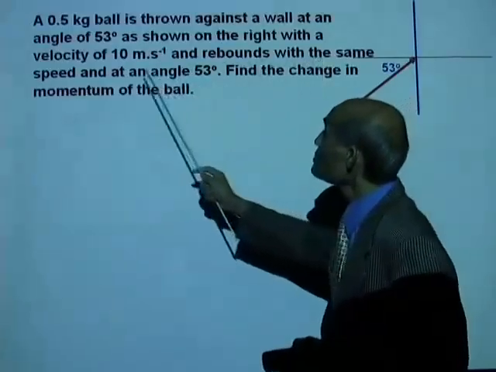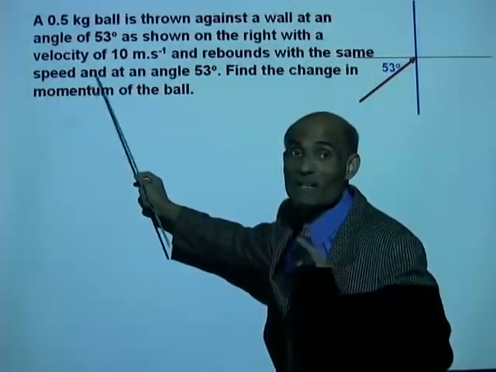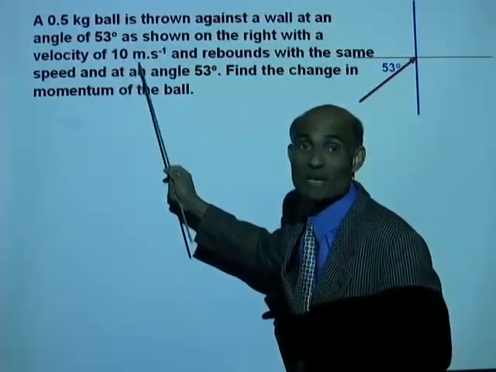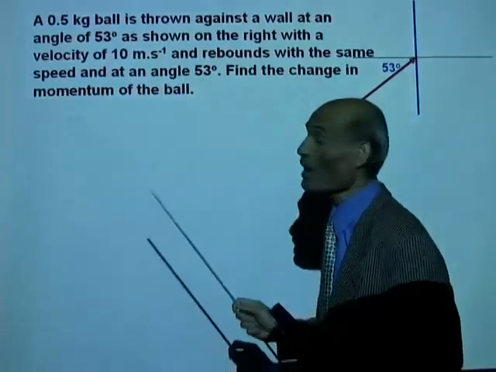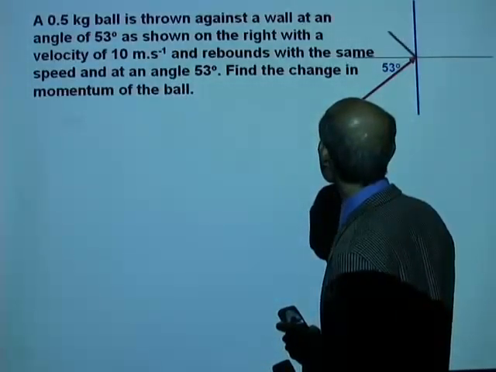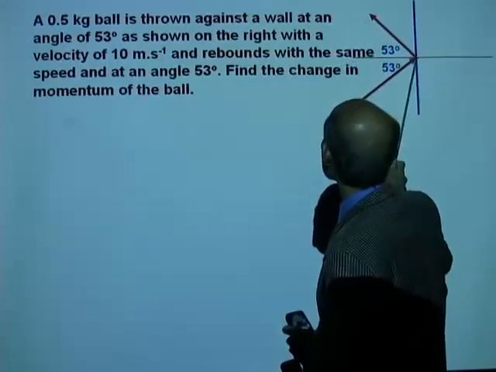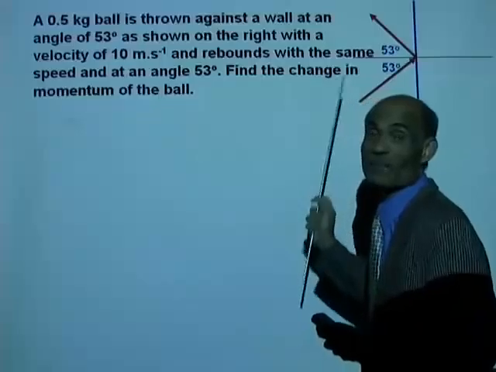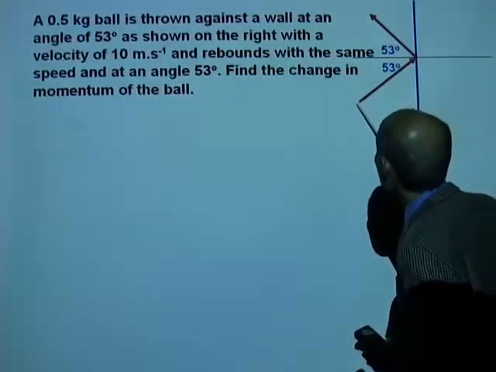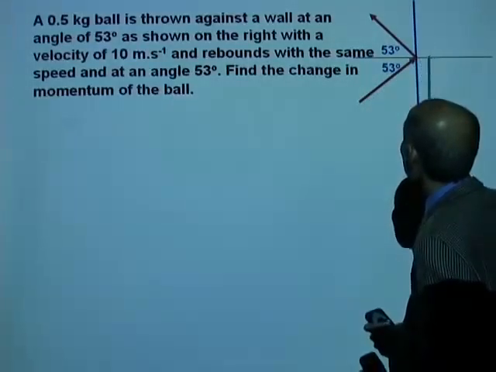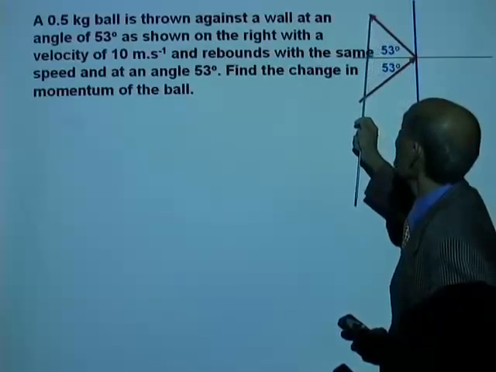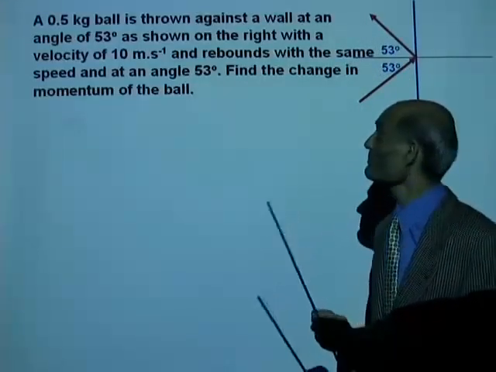It rebounds with the same speed, means 10 meter per second, at an angle of 53 degrees. Now, it rebounds at 53 degrees as shown in the diagram. This is the velocity of impact, and this is the velocity of rebound.